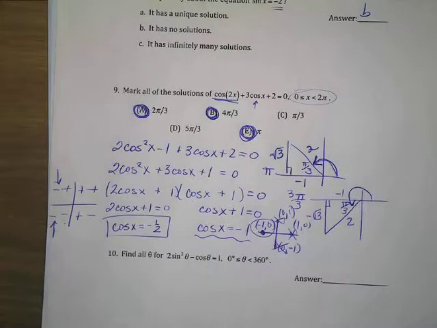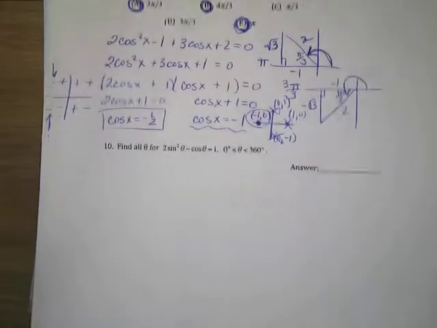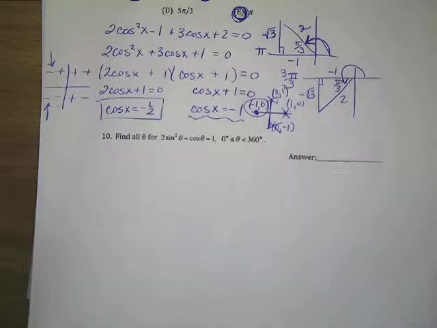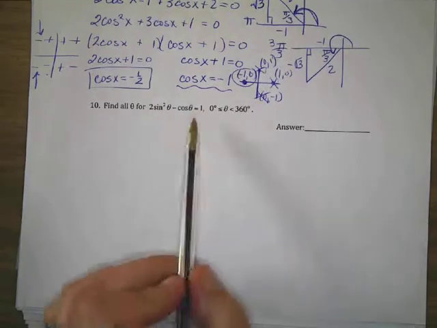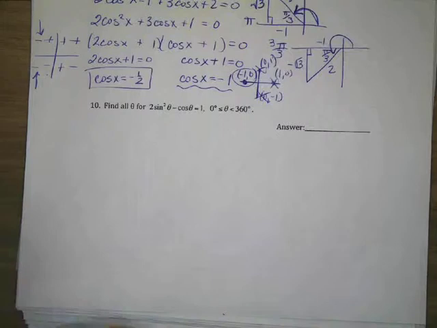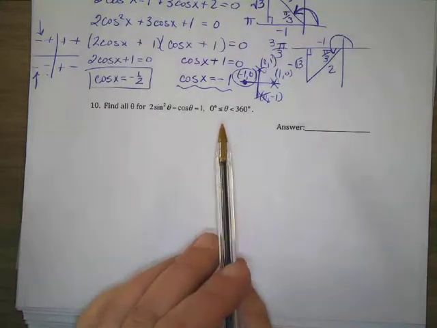Is that okay? Okay, question 10. In order to solve this, it's a lot like the other one. Now, notice theta, so we're asking for degrees, and we don't want all answers.